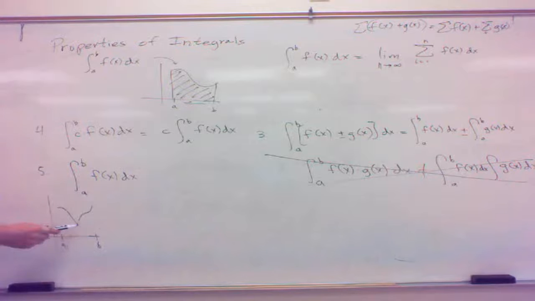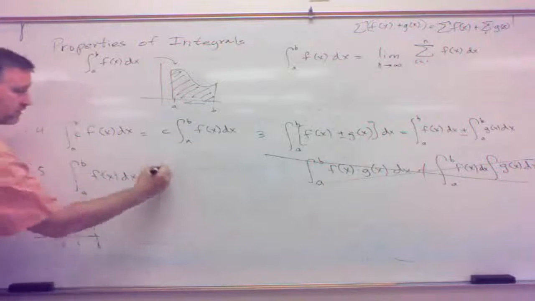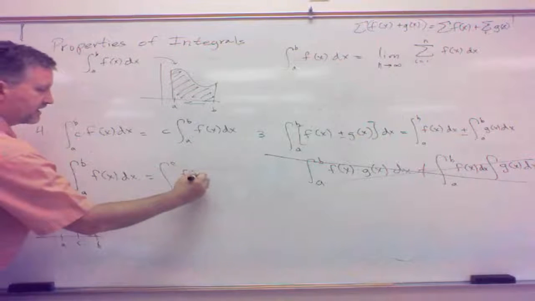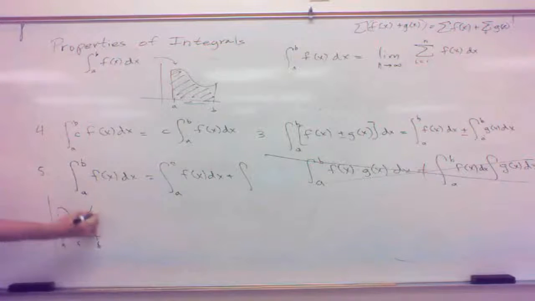Well, we know something funny is happening here at this corner. Call it at C. So it makes more sense when you have a corner like this, something fishy going on at some point in your graph, it makes sense to do two integrals. And property 5 that I have up here says you can do that. It says, yeah, I can break up from A to B. I can go from A to C, f of x dx, and then add that to C to B, f of x.